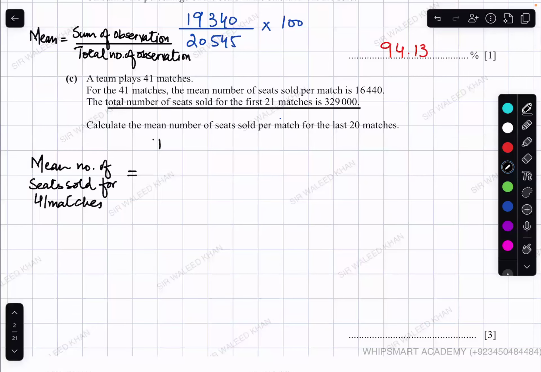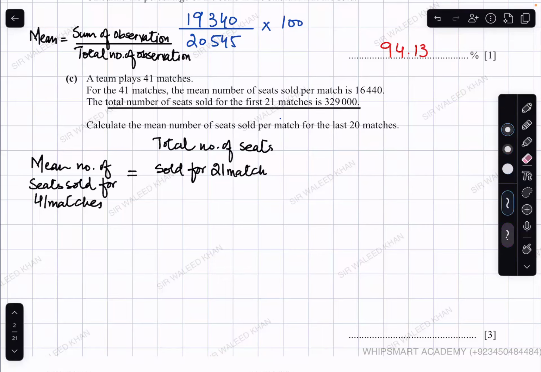So the total number of seats sold for 21 matches. Do we have the data for this? Yes. And then plus the total number of seats.